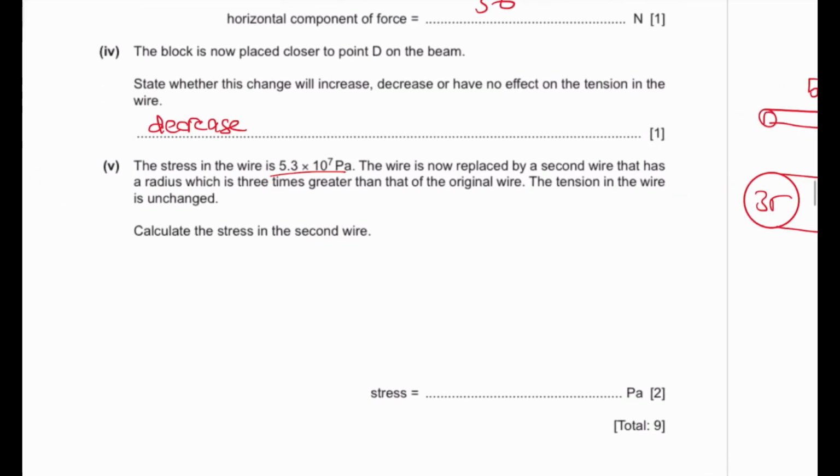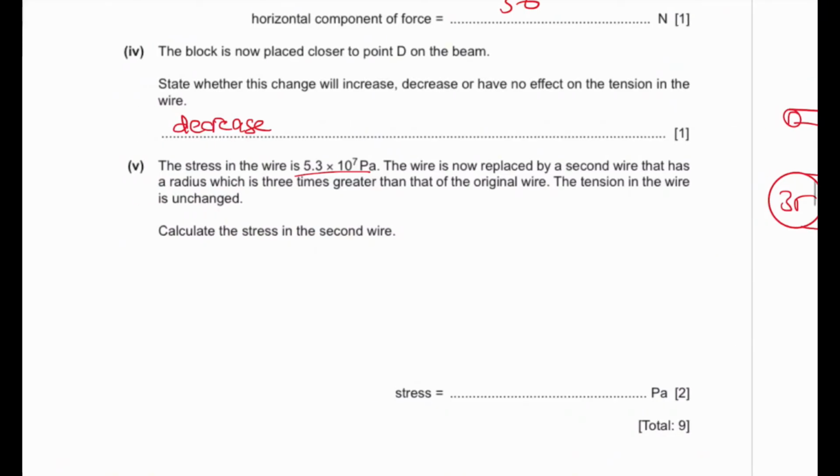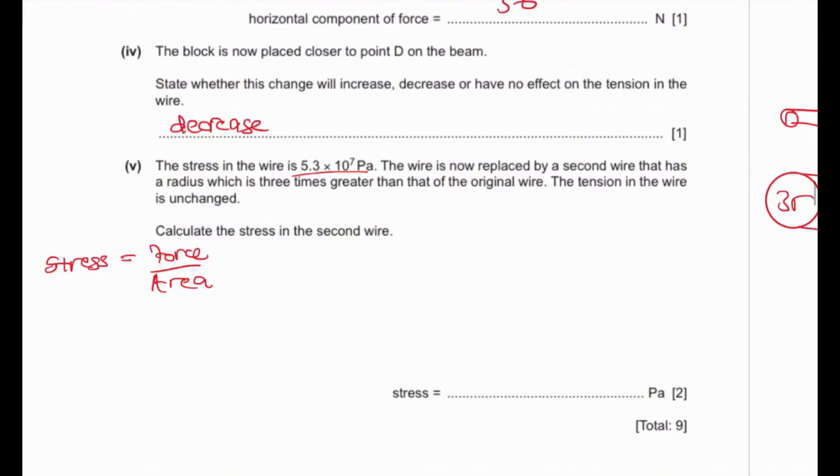But we've been asked to find the stress in the second wire. So how do you go about this? We know that stress is equivalent to the force divided by the area. So for the first scenario, the area multiplied by stress is equivalent to the force, which remains constant.